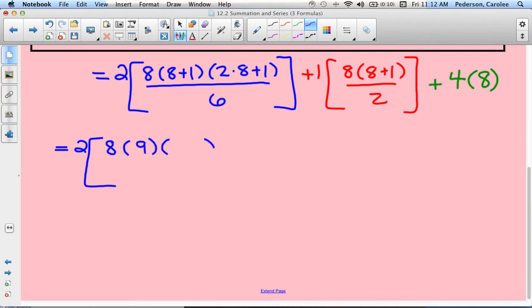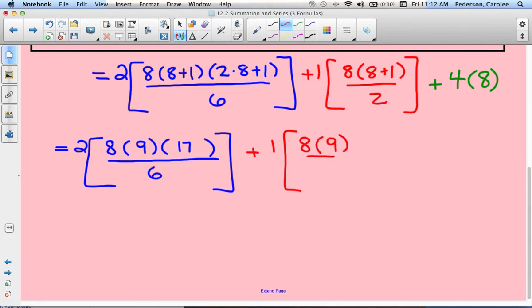And then in the next parentheses, 8 times 2 is 16, plus 1 is 17, all over 6. Now let's go to the red, plus 1. Probably drop that 1, but that's fine. And then in the parentheses, 8 plus 1 is 9, over 2. And then plus 4 times 8 is 32.